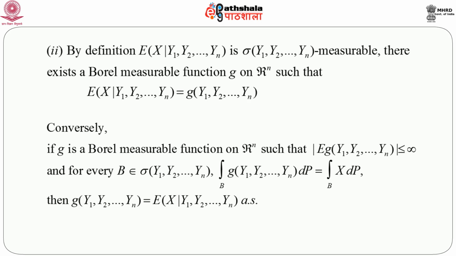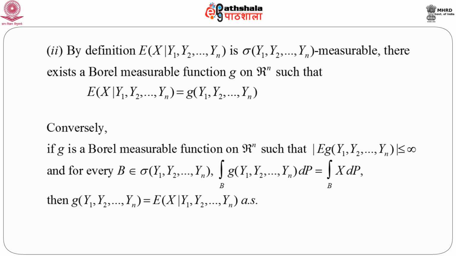So there must exist a Borel measurable function. Whenever I say the expectation of X given Y1, Y2, Yn, we can think of this as a Borel measurable function g on Rn. That means mathematically we can write that the expectation of X given Y1, Y2, Yn is nothing but the expectation of X given the sigma field generated by Y1, Y2, Yn, which is nothing but a Borel measurable function g of Y1, Y2, Yn.